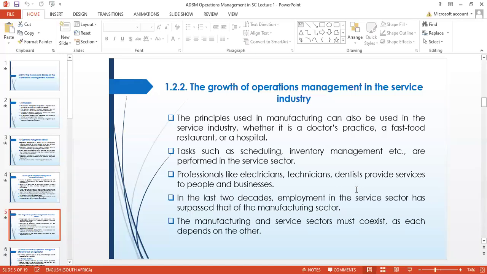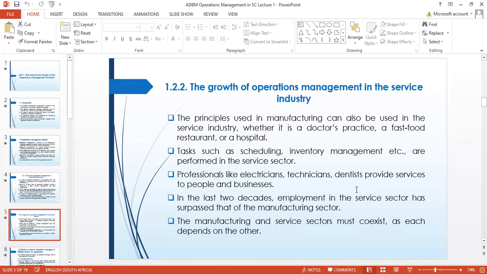Talk of the equipment that is used in a hospital. That equipment is manufactured in the manufacturing industry. The tables, the chairs, whatever you can think of that you use in the hospital is manufactured in the manufacturing industry. So they need each other.